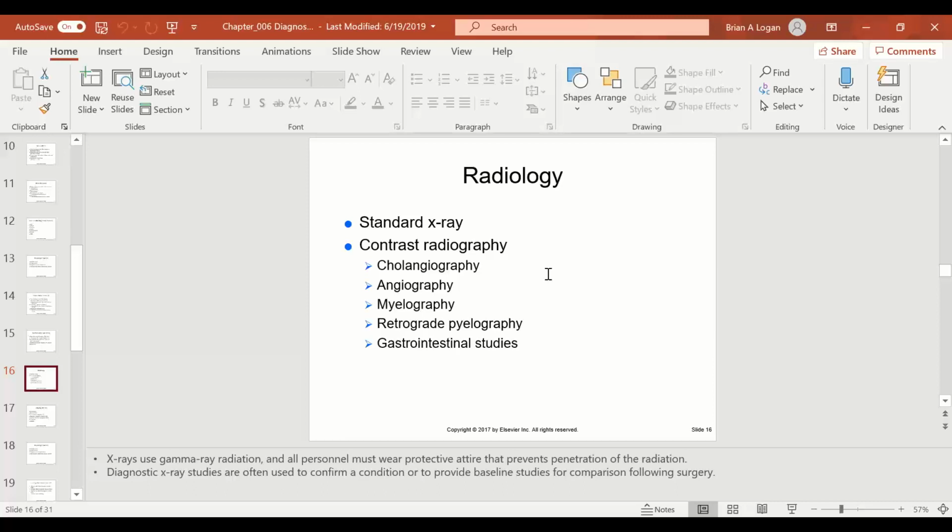Right? You got your standard X-rays. You can also do X-rays with contrast, like cholangiography. This is us injecting dye directly into the common bile duct and cystic duct to see if there's any stones or blockages.